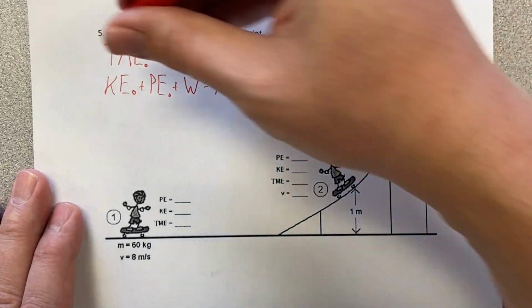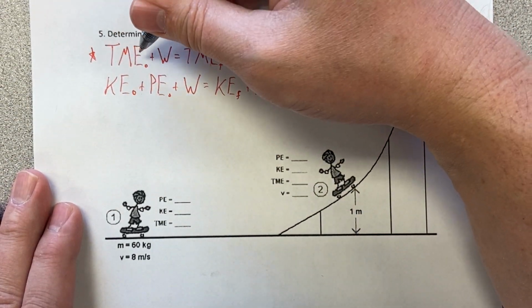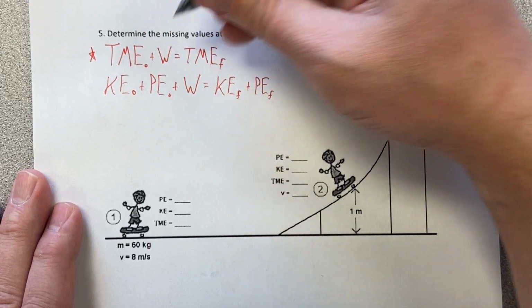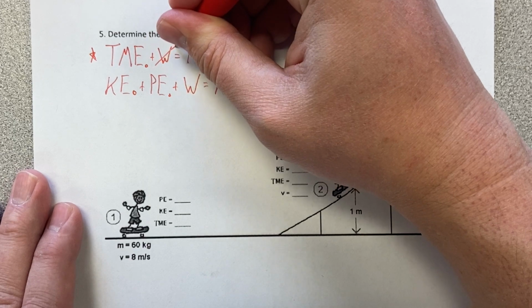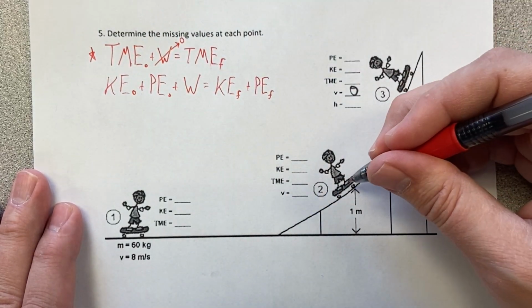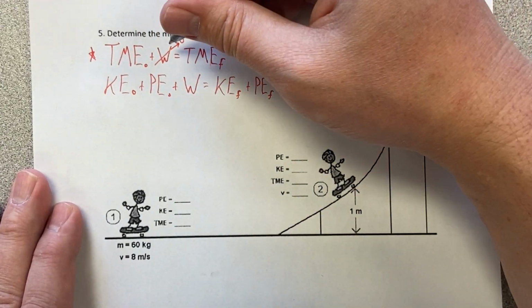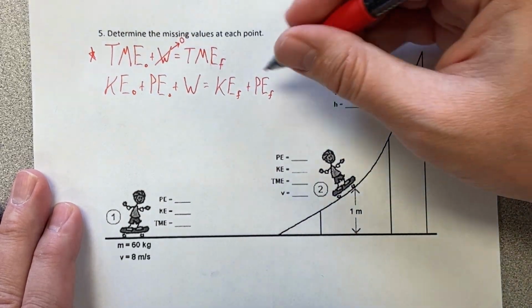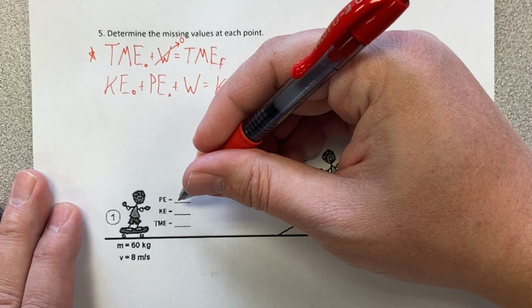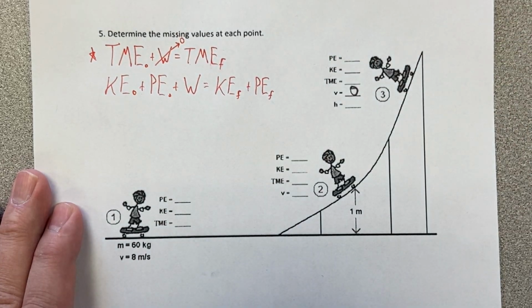Our huge idea for this whole unit is that total mechanical energy, if we have no outside forces, and in this problem, we are saying there are no outside forces such as air resistance or friction in the wheels or anything else, that the total energy in the beginning equals the total energy in the end, although it can transfer between potential and kinetic, but the total has to stay the same.